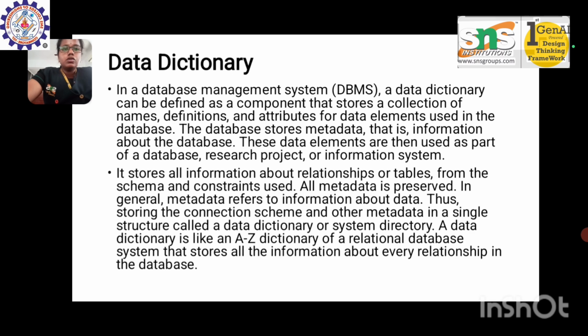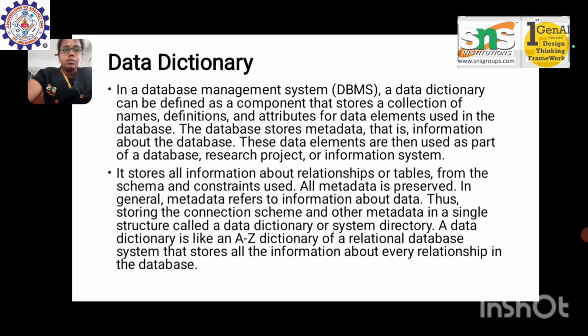The database normally stores metadata that contains all the information about the database. These data elements can be part of our database, a research project, or any information system. In a database, all information about the relationships or tables, which we can have in a schema, or the constraints used, is stored.